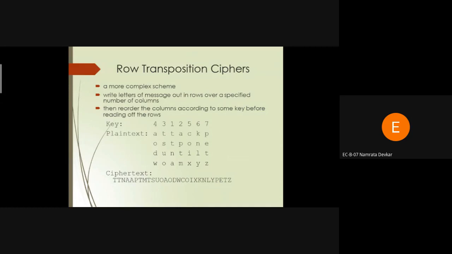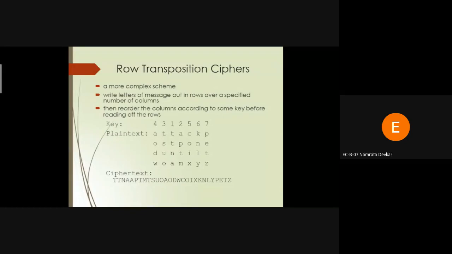If we take a large number key, the complexity of the Railfence cipher increases. So in order to avoid that complexity, we can use the row transposition cipher.